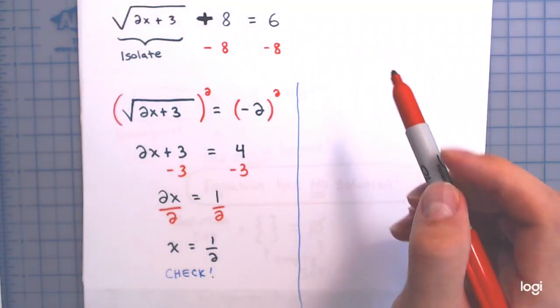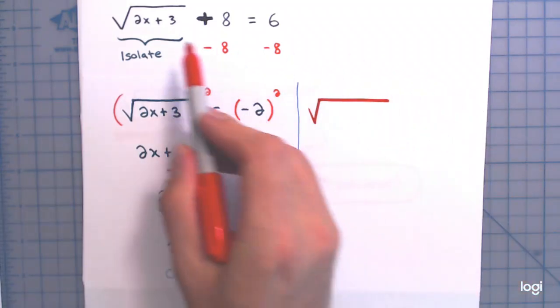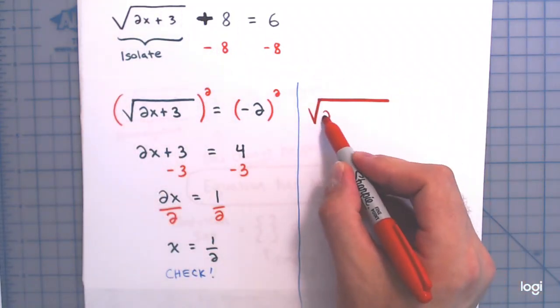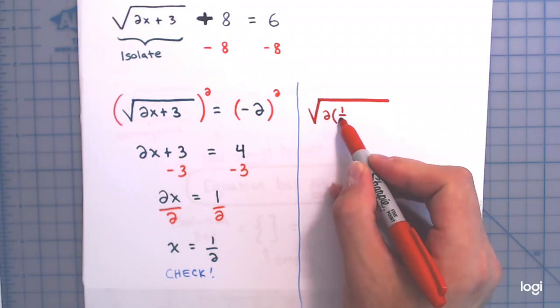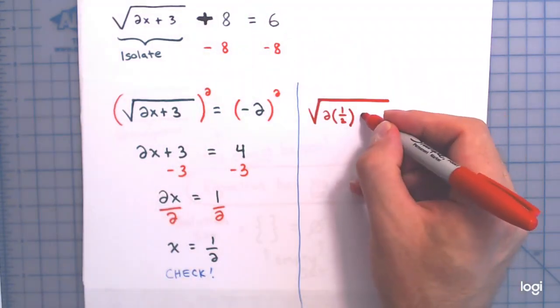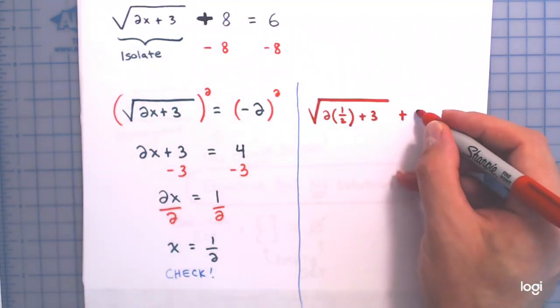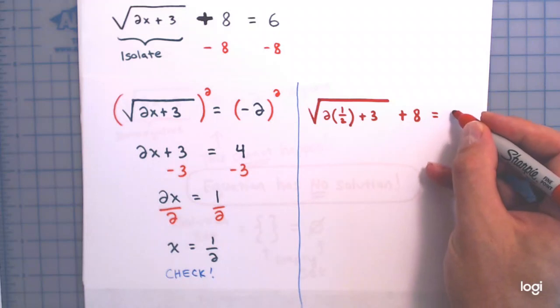So I have the square root of 2 times 1/2, plus 3 on the inside, and then outside that we have plus 8. Is that equal to 6?